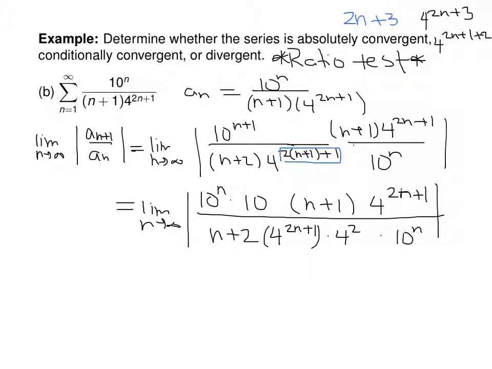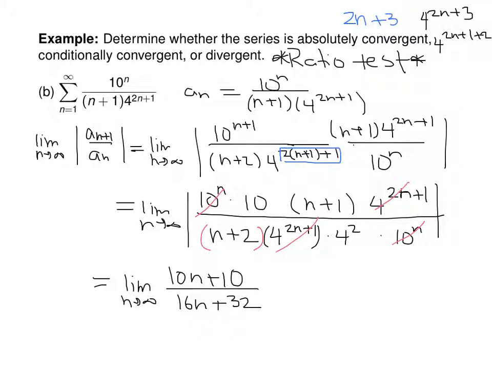So the 10 to the n's can cancel, the 4 to the 2n plus 1's can cancel, and we will have the limit as n goes to infinity of 10n plus 10 over 16n plus 32, which will equal 10/16 or 5/8, which is less than 1.